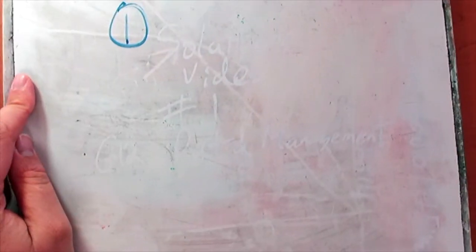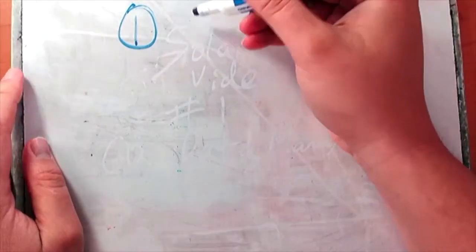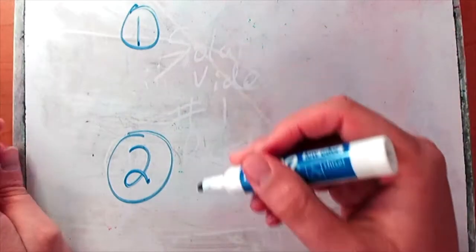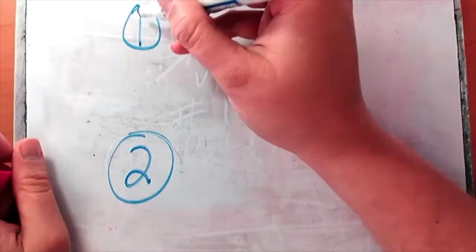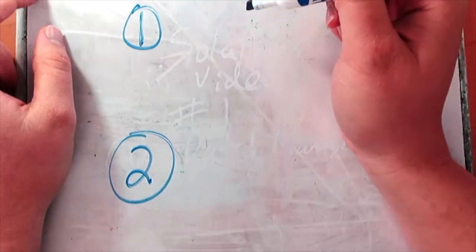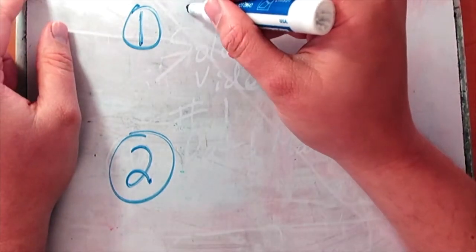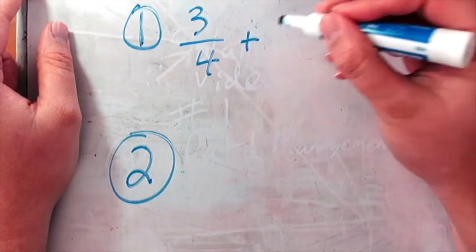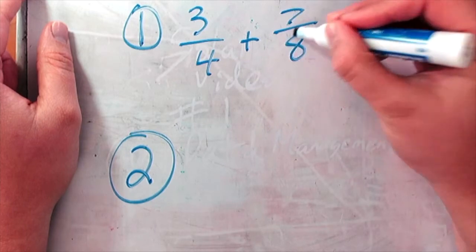Question 1 is fractions, and we are adding and subtracting versus multiplying and dividing. Really, for probability, you hardly ever have to subtract fractions, so we're just going to add. So in the case of today, we had 3 over 4 plus 7 over 8.